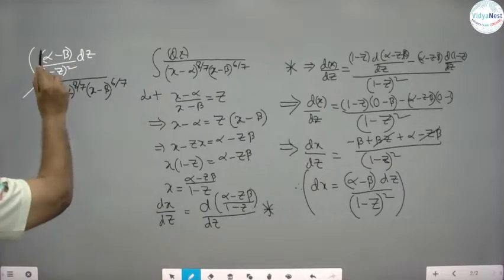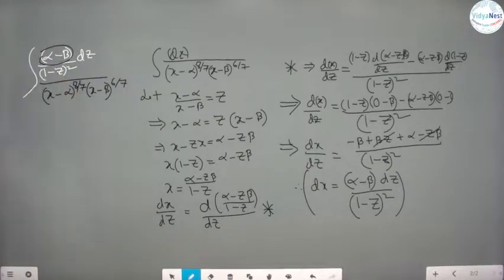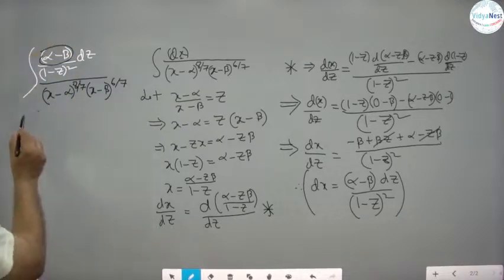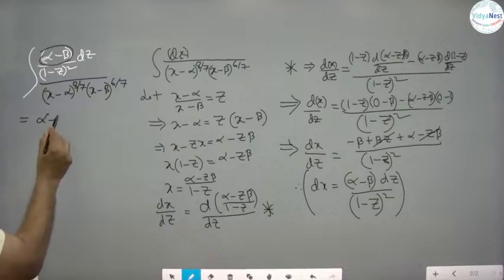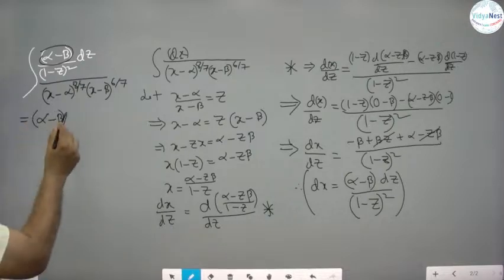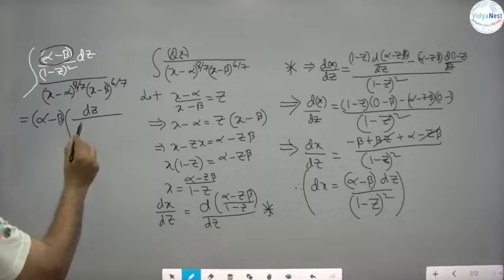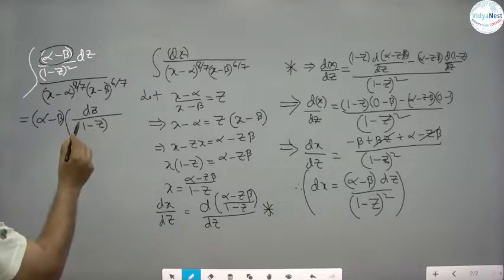See here, which is constant, alpha minus beta is constant. So alpha minus beta will be brought out of the integration. What will be left for you? Dz by 1 minus z square.